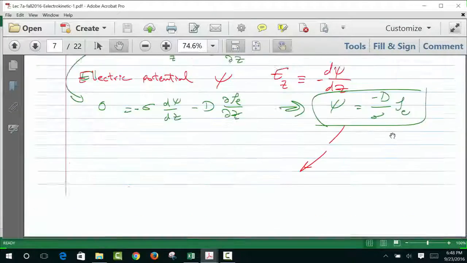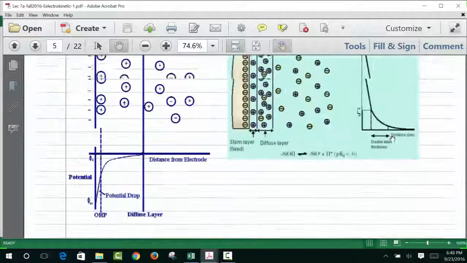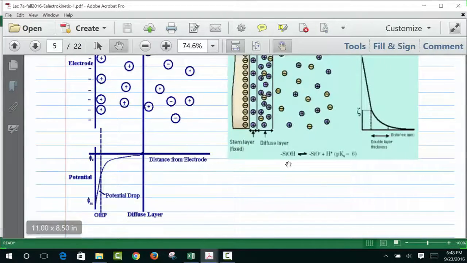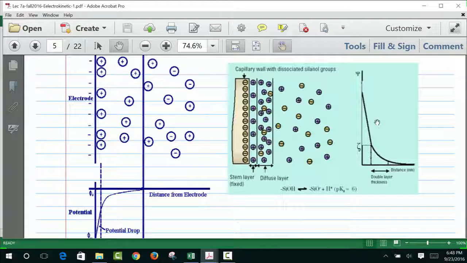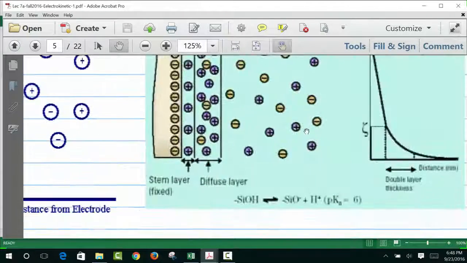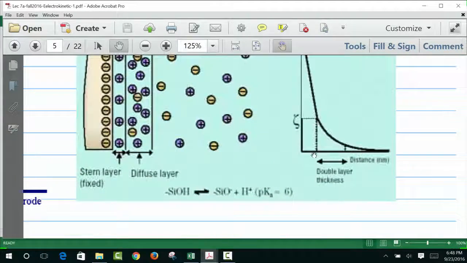Not that the potential will drop really to 0 at infinity, mathematically speaking. I mean, it needs to go really very far away from the wall to go to 0. But the electric double layer basically will finish, and you still have a little bit of potential. It's just that the potential here is not stronger than the thermal fluctuation to affect the movement of the fluid.